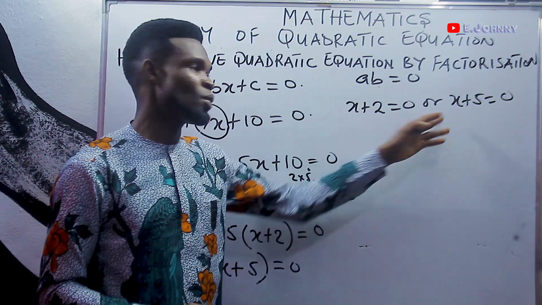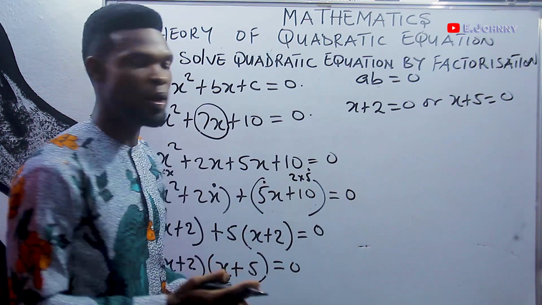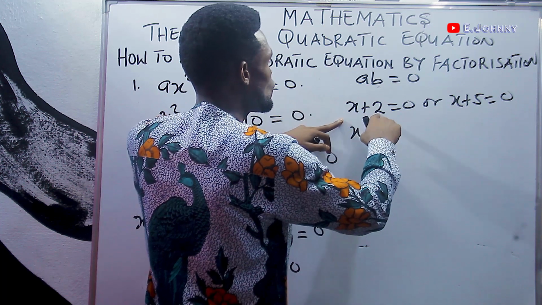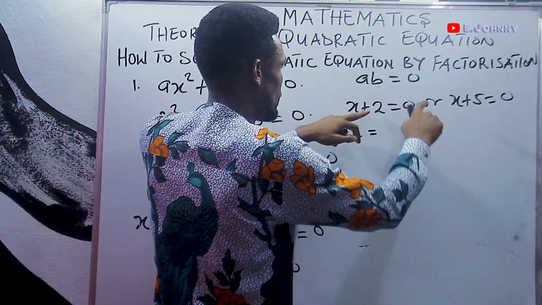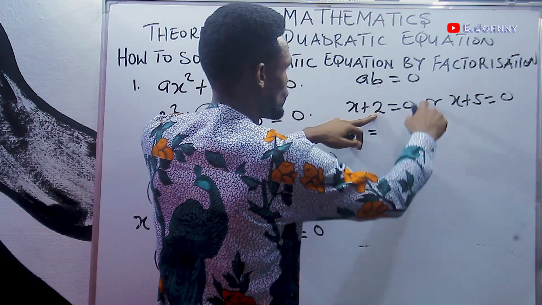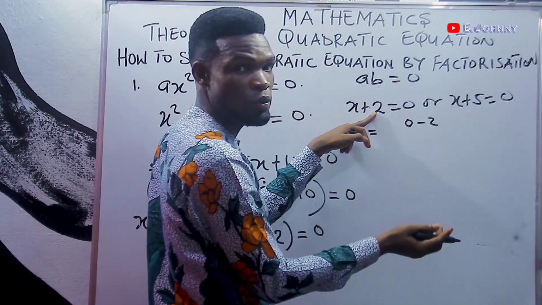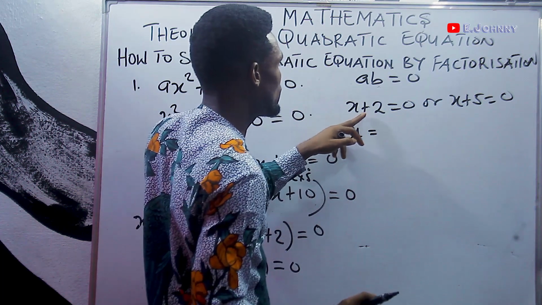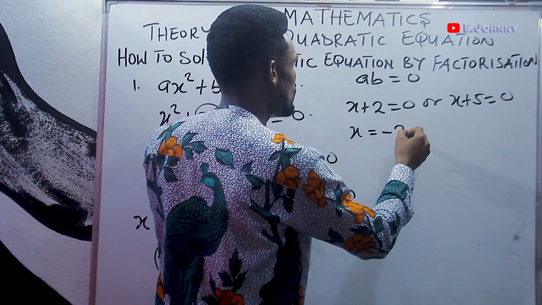Here now, this is just finding your value of x. So from here you can see that x is equal to, when plus 2 crosses, of course it will be 0 minus 2, which is minus 2.